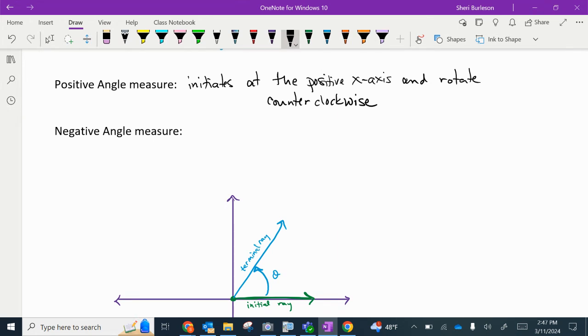Counterclockwise. So this angle right here represents a positive angle measure. I start at the positive x-axis and rotate counterclockwise. Okay.